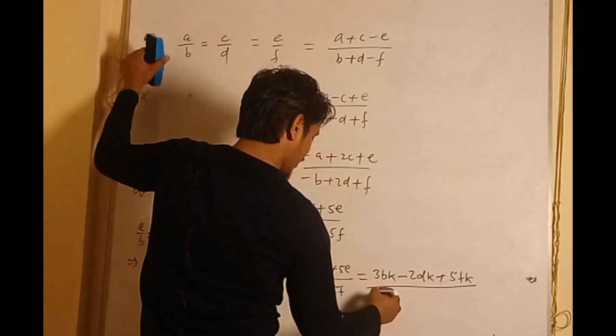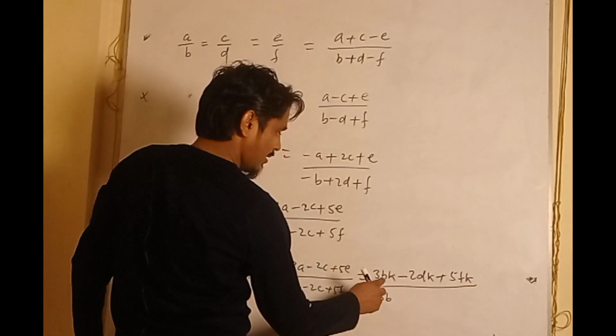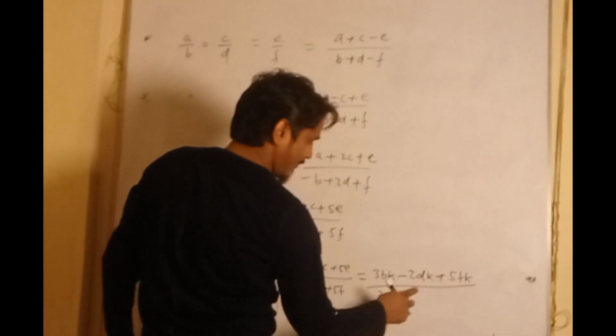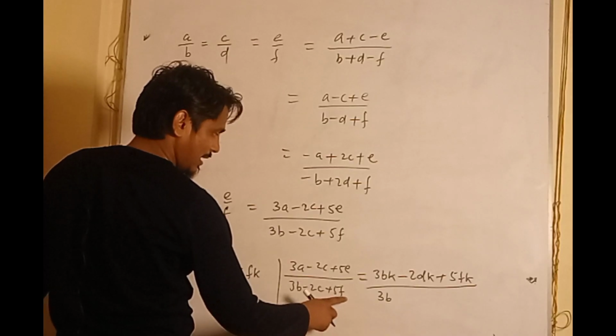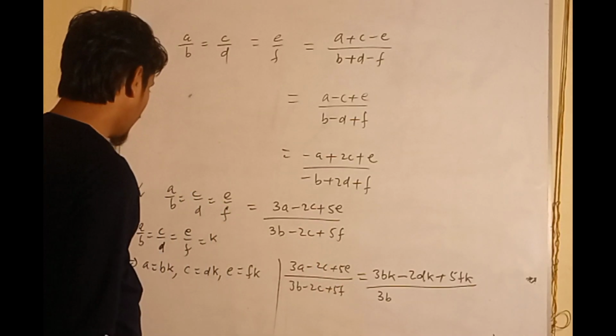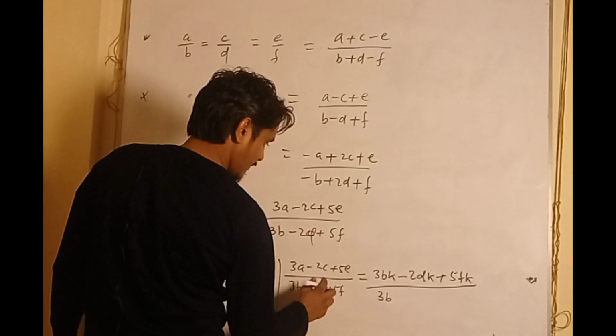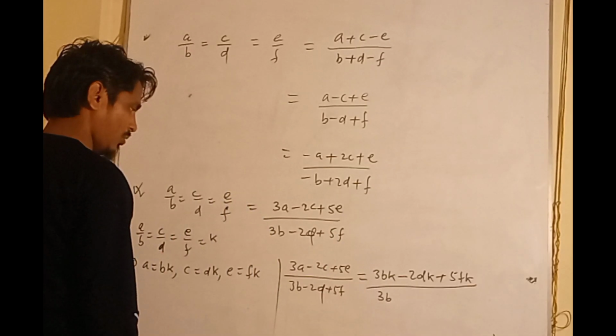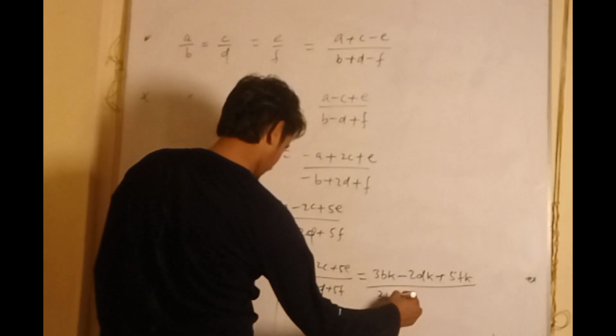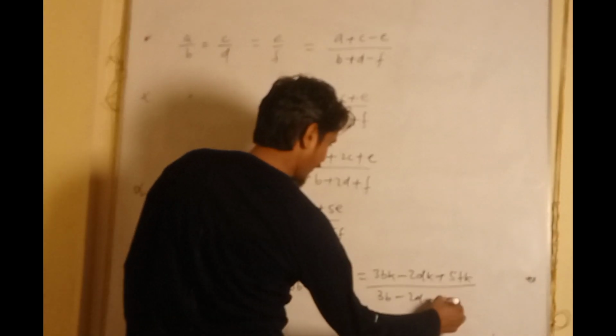In the denominator we keep it as it is, because these are all terms in b, d and f. So 3b minus 2d plus 5f.